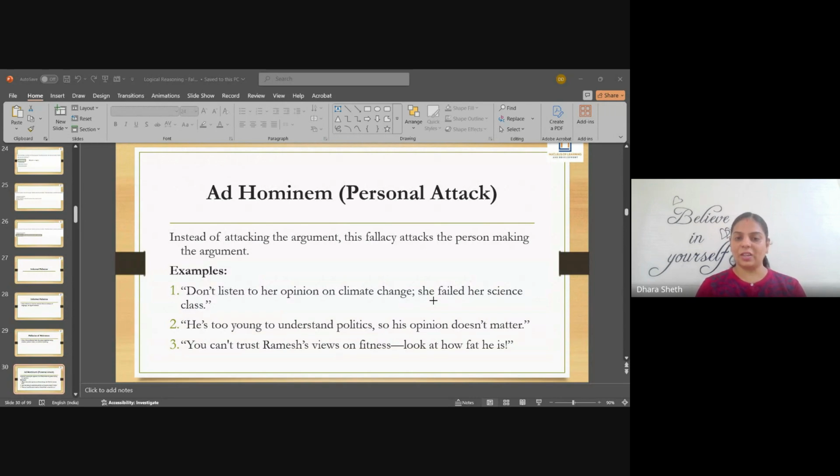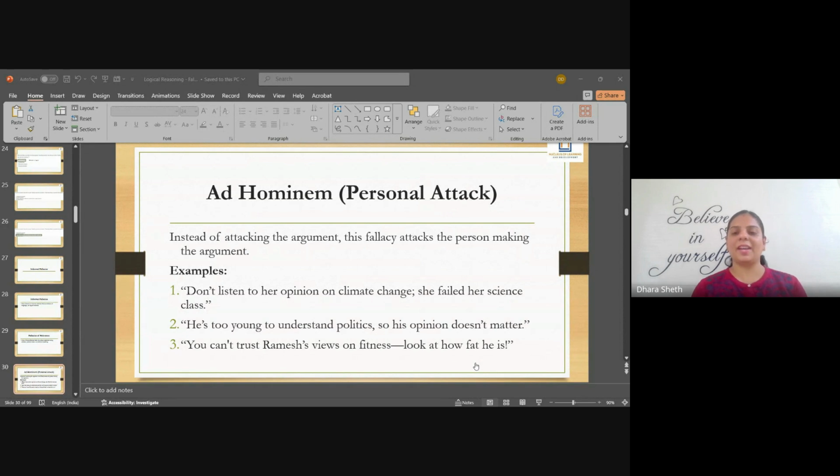Instead of attacking the argument, this fallacy attacks the person making the argument. Don't listen to her opinion on climate change. She failed her science class. He's too young to understand politics, so his opinion doesn't matter. You can't trust Ramesh's views on fitness. Look at how fat he is.